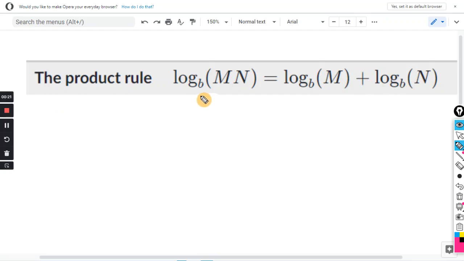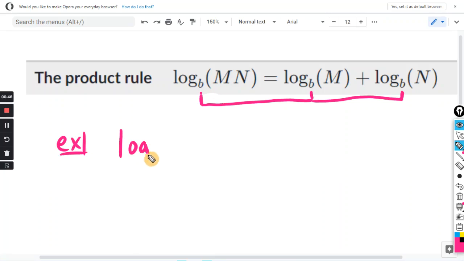All right, notice that in all cases on both sides of the equal sign, the base b does not change. Okay, so the base has to match here, here, and here. All right, so just as an example, let's say you did the log of 12.